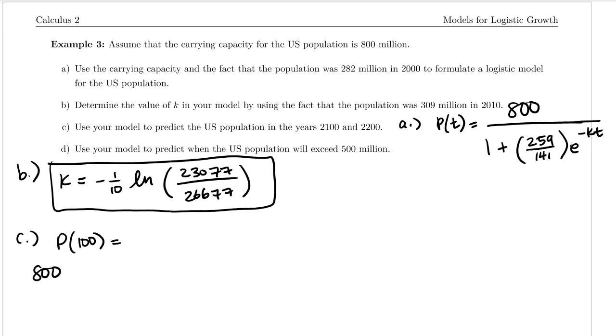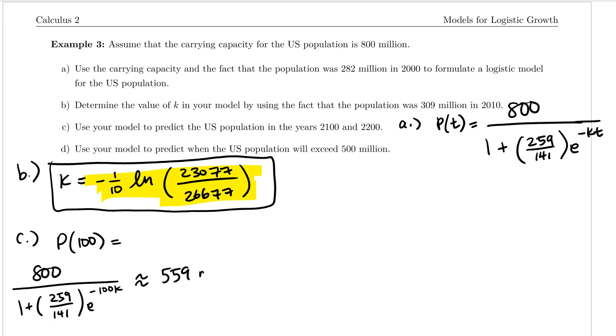So that's going to be 800 over 1 plus 259 over 141 e to the negative 100 times k, where k is equal to this lovely thing. And so essentially, we just want to see, can you plug this into your calculator? And if you throw that into your calculator with the highlighted k value, this should be about 559 million people.